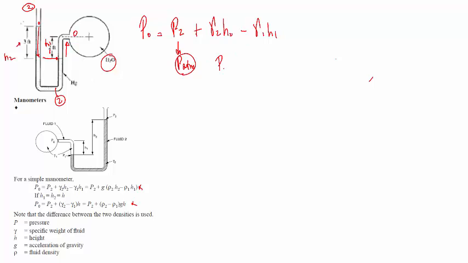So I will say that the gauge pressure at 0, which is what we're measuring in the pipe, equals gamma 2 H2 minus gamma 1 H1. So this is what we have here, and so you can use either this expression or the other expression.